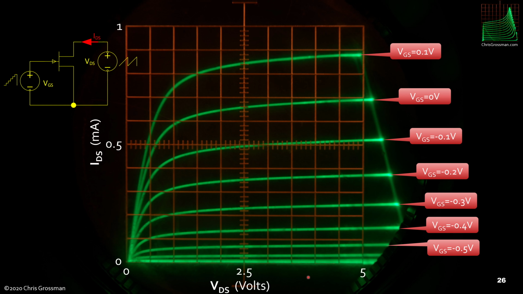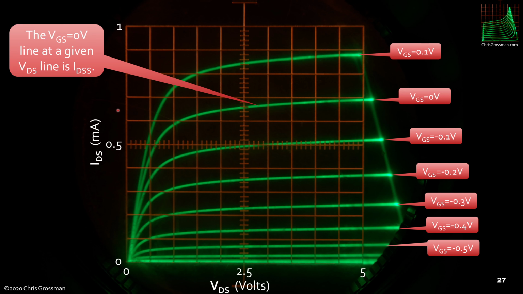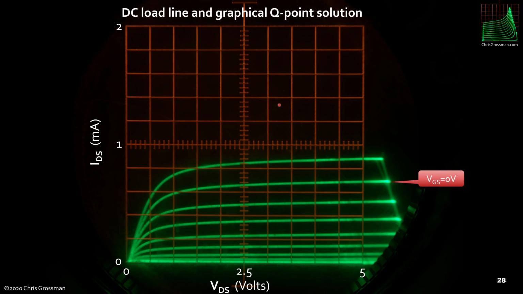I have 0 to 5 volts horizontally for the drain to source voltage, and 0 to 1 milliamps vertically. The 0 volt line is the line we're interested in. VGS equals 0 at a given VDS is IDSS. So whatever IDSS is essentially the point we pick along this line.